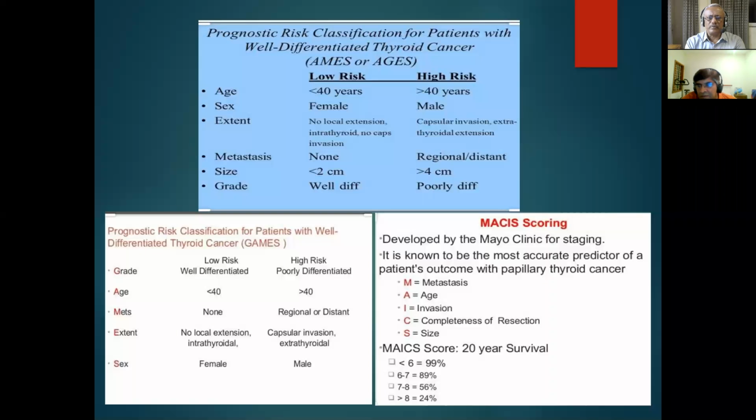The question is simple. We have done an FNAC. It shows follicular neoplasm. We have told that we don't know whether it is follicular adenoma or follicular carcinoma. And you have choices. When you do your hemithyroidectomy, you can do a frozen section and then decide whether you want to go for the total thyroidectomy or not. There are three choices, in fact. That's number one.